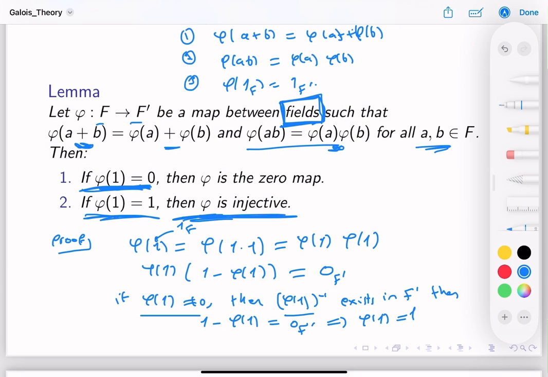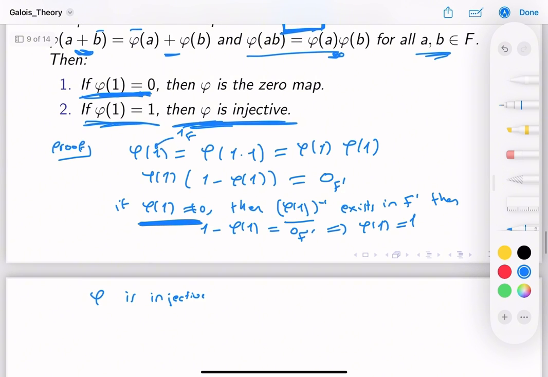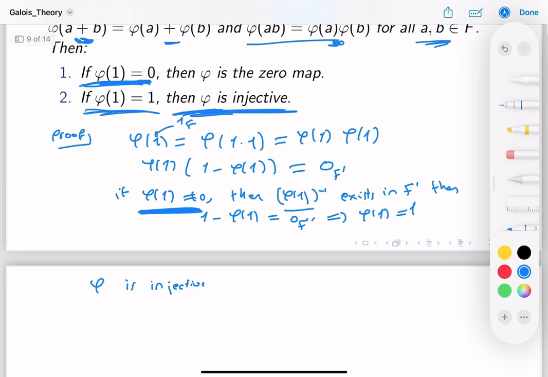So let us prove why it's injective. We're also under this assumption, right? We're assuming that phi of 1 is not 0, which forces it to be 1. Since phi is a ring homomorphism, it suffices to prove that the kernel of phi is 0.